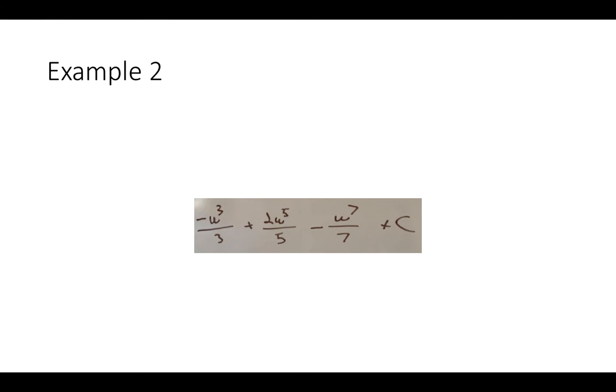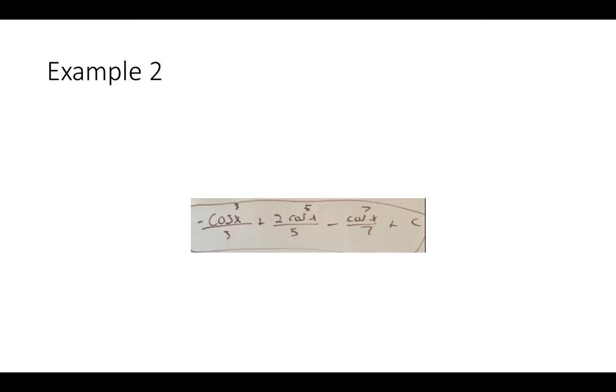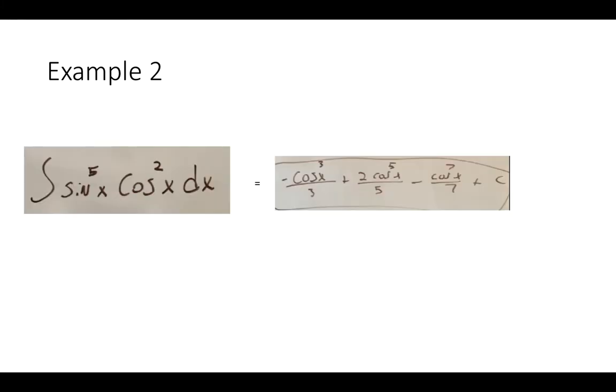To finish it off, we substitute whatever u was, and in our case u was cosine x. So the final answer is that the indefinite integral of sine to the fifth x times cosine squared x dx is equal to negative cosine cubed x divided by 3 plus 2 cosine to the fifth x divided by 5 minus cosine to the seventh x divided by 7 plus c.